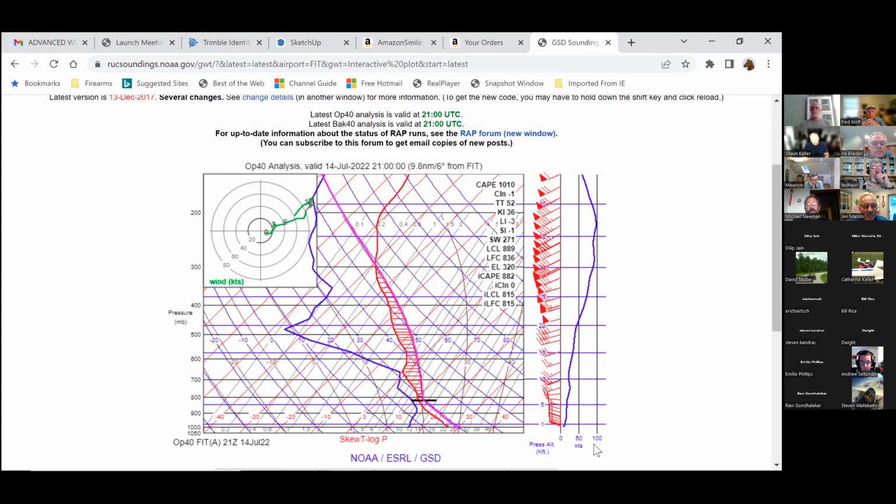So the natural rate of cooling is plotted here on these diagonal blue lines. Once it starts forming a cloud, the natural rate of cooling changes. So that dew point line is being used to calculate where the cloud starts forming.